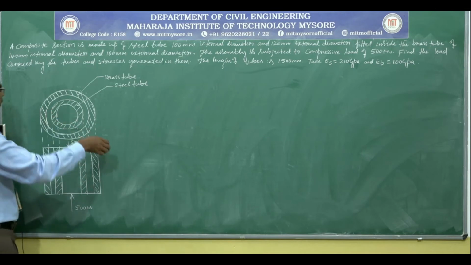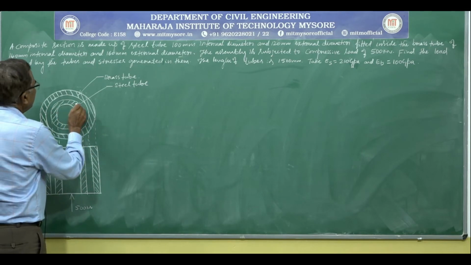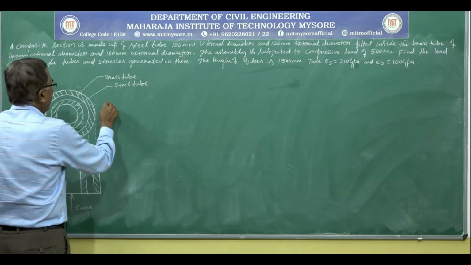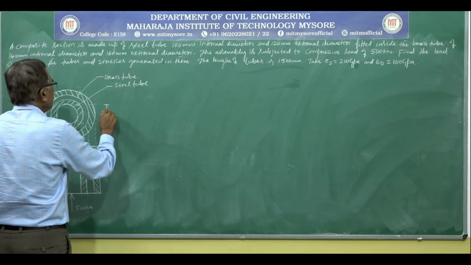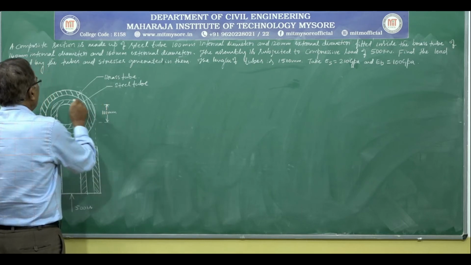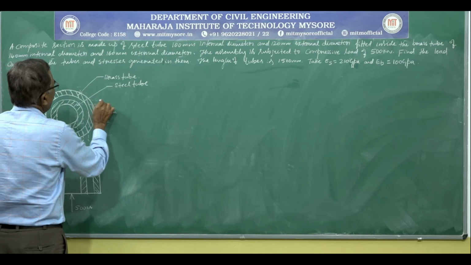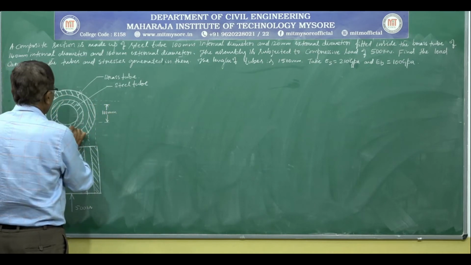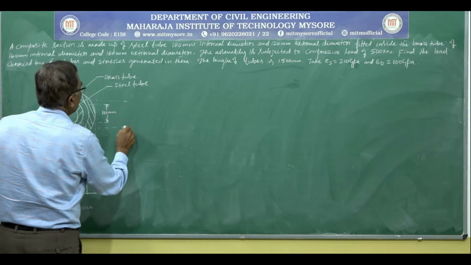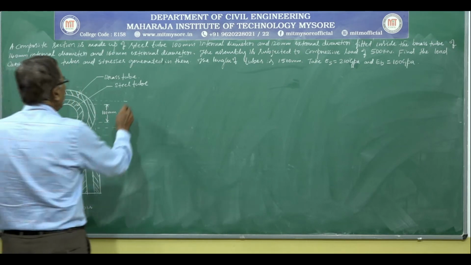And in section you can see here, given the material, we can write this is 100 millimeter internal diameter, and external diameter of the steel tube is 120 millimeter.